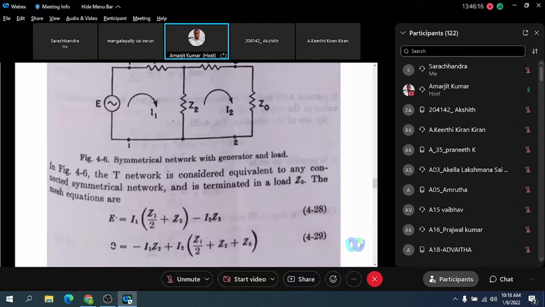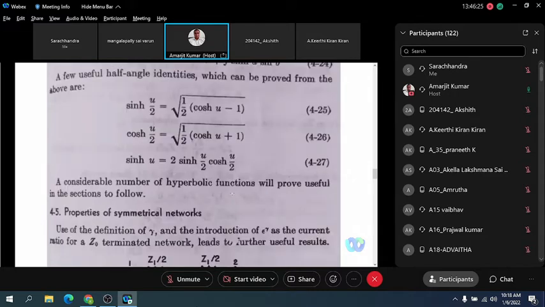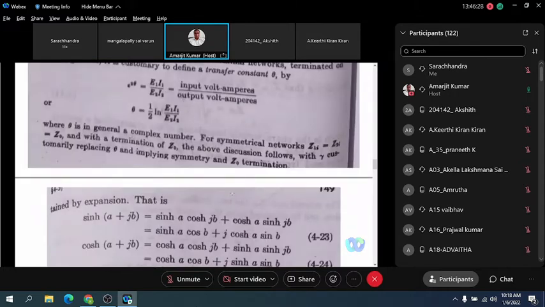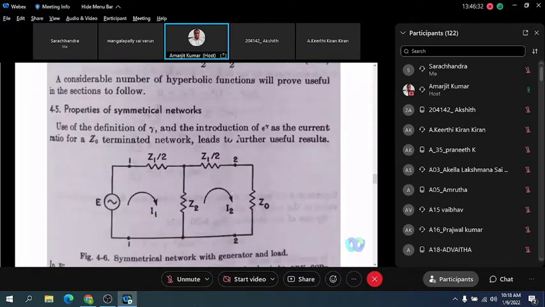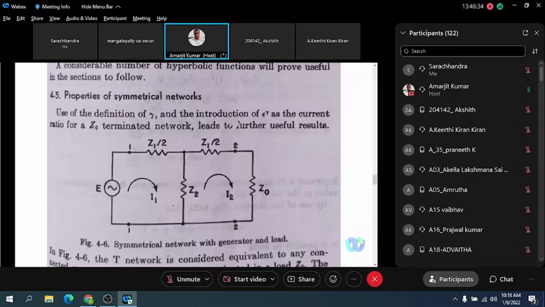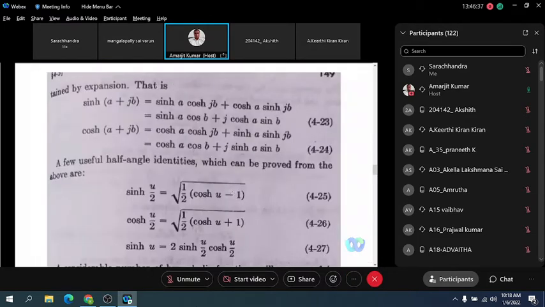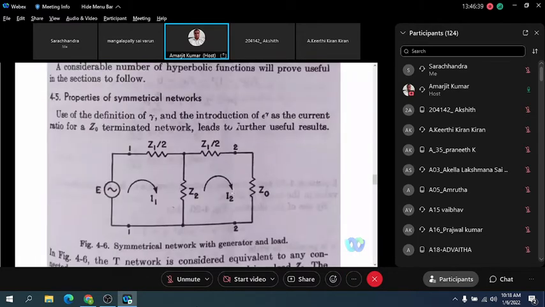So e to the power gamma is defined as the ratio of the source current to the receiver current, Is upon IR, for a symmetrical network. E to the power gamma is equal to Is upon IR, where Is is the source current or input current, and IR is the load current or receiver current, the output current.